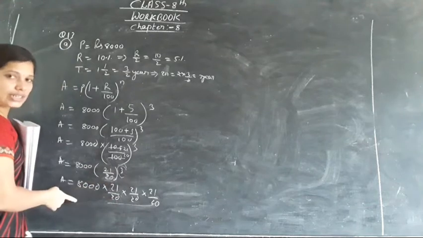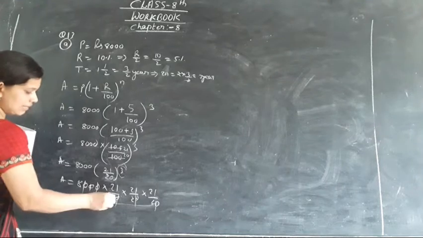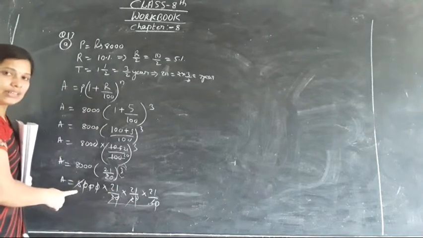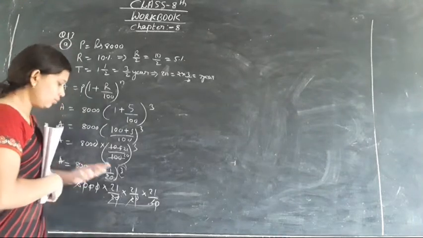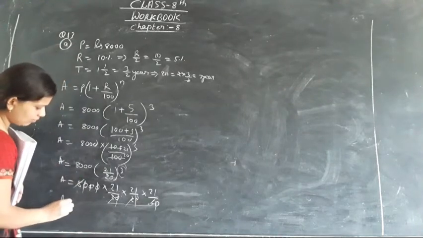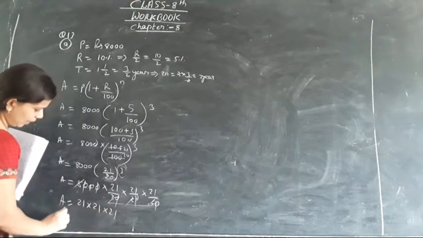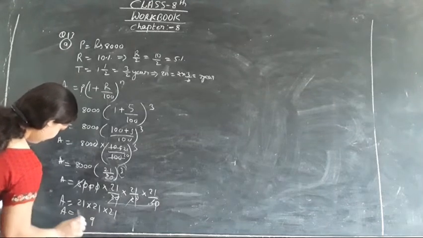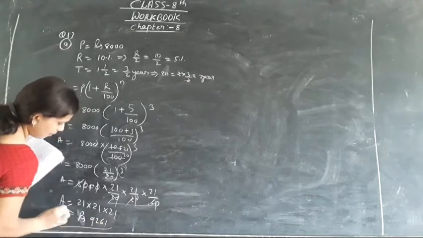Because power is 3, that's why. So here the 3 zeros will get cancelled, the 3 twenties, 2 into 2 into 2 is 8 itself, so all the 2's will get cancelled. So amount is equals to 21 into 21 into 21. So amount value you will get as rupees 9261. So this is the amount.